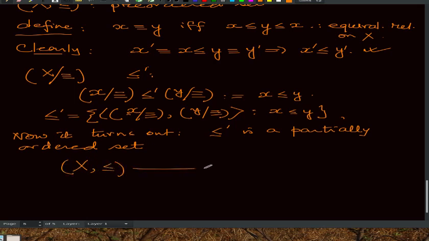And this gives rise to this beautiful thing. So if you take the factor map, remember this was the factor map, taking each element to its equivalence class.